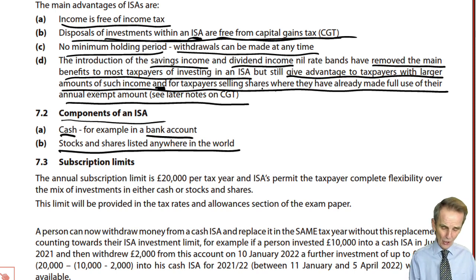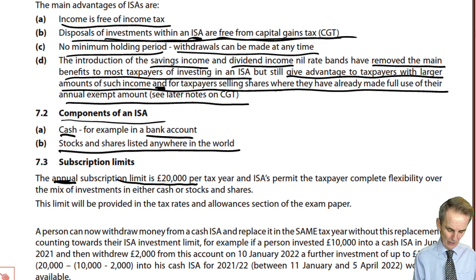Silly, therefore, not to take advantage of the use of an ISA that would exempt all interest within that ISA. And the amounts that you can put into an ISA have been increased in relatively recent years, at least in terms of the history of ISAs. You've now got an annual subscription limit of £20,000 per tax year.